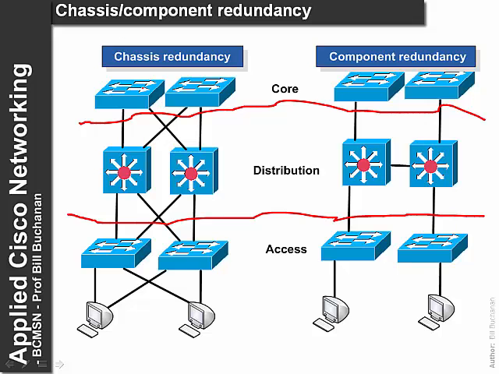So our chassis redundancy will have backup devices, and we can see here that these devices will typically be used in a load sharing architecture anyway. And in component redundancy, we can have redundant components inside our chassis, our switches, so that there is less need for these backup routes.